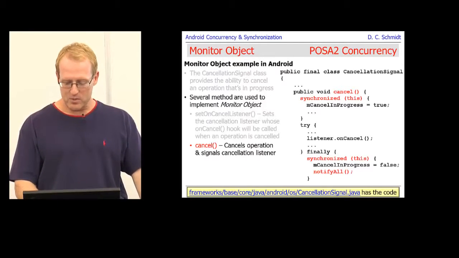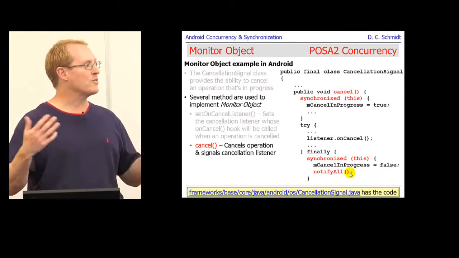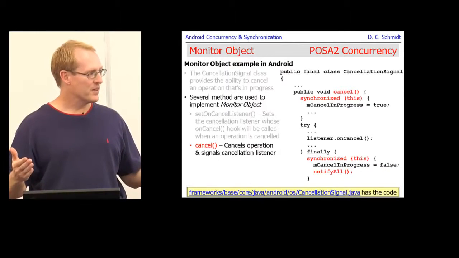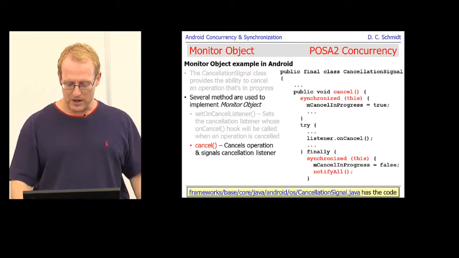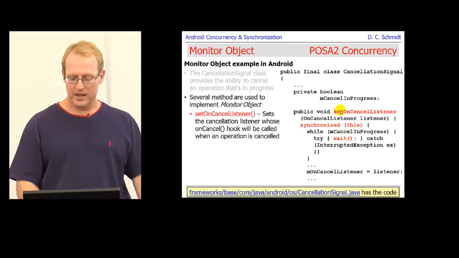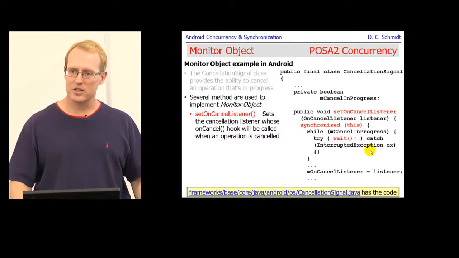And then, no matter what happens, whether an exception is thrown or we just fall off the end of this particular try block, we come back, reacquire the lock, set cancel in progress to false, and then we notify anybody who is waiting for cancellation to be finished that they can proceed. So that notifyAll will end up waking up the thread over here, or any threads over here that may be waiting, in order to let them go ahead and set a new cancellation listener.